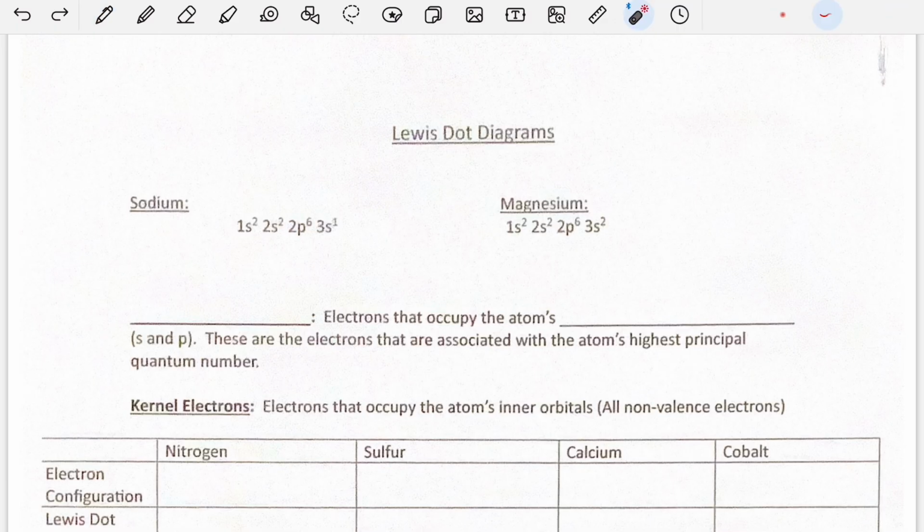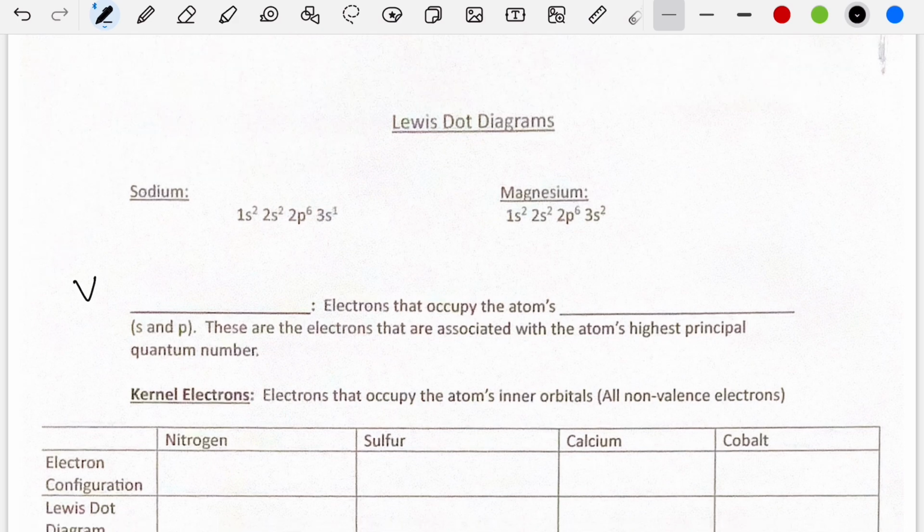We've already learned about electron configurations, where an electron configuration shows us all of the electrons in all of the orbitals in a particular atom. But sometimes we're only interested in the outermost electrons of an atom. Those are called valence electrons.